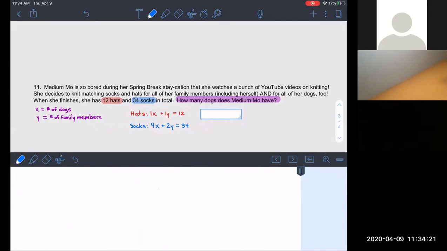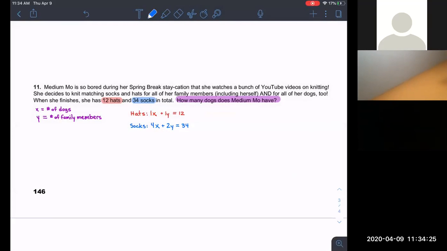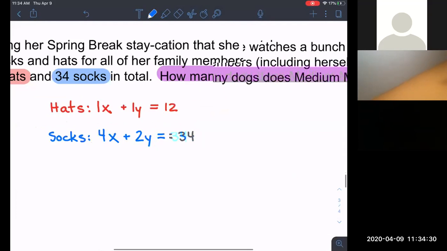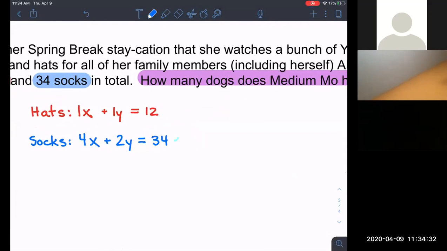There are 2 easy ways that you can solve this, and there's a ton of more difficult ways. Somebody tell me one easy way that we can get opposite coefficients here, so that we can eliminate a variable. Multiply? Divide? No, we don't ever want to divide, because dividing might give us fractions, and we don't want to work with fractions.